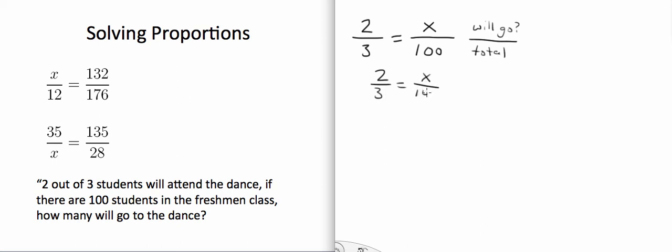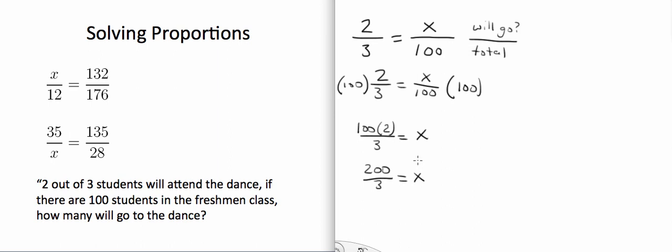We're going to multiply each side by 100 to get the x by itself. So we end up with 100 times 2 divided by 3, and that's equal to x, which means we have 200 divided by 3, and that's equal to x.